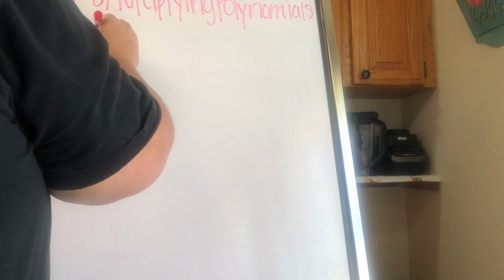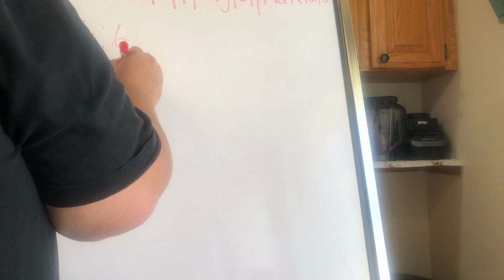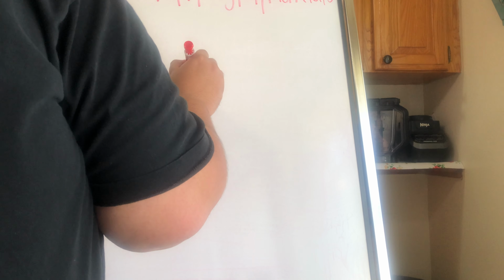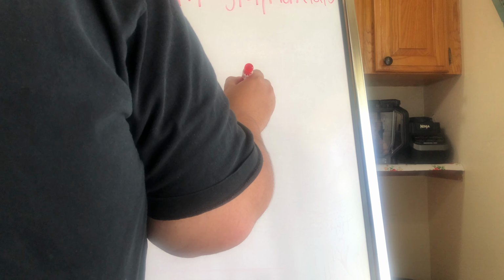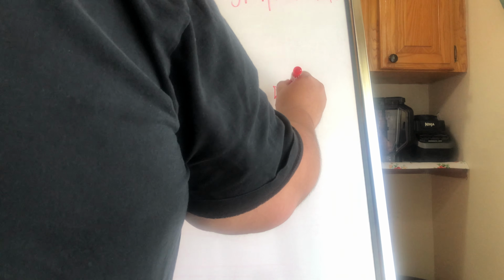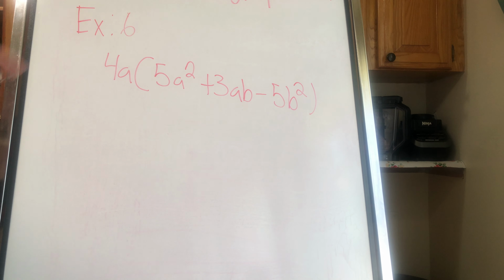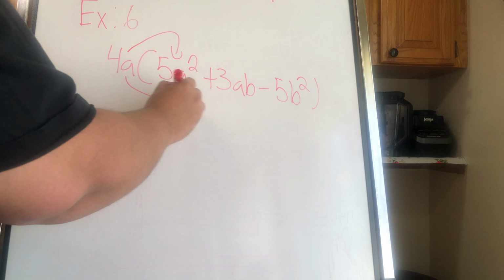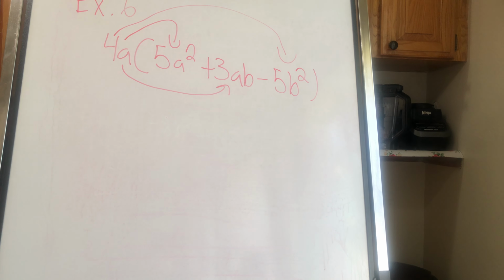Let's say we have 4a and it's being multiplied to 5a squared plus 3ab minus 5b squared. This one you can just assume and know that it's going to be distributive because we have something on the outside. So this one multiplies to everything on the inside.